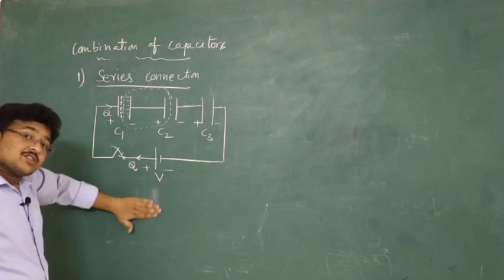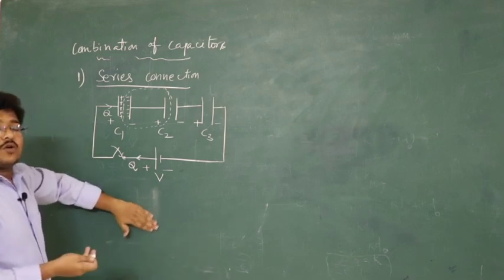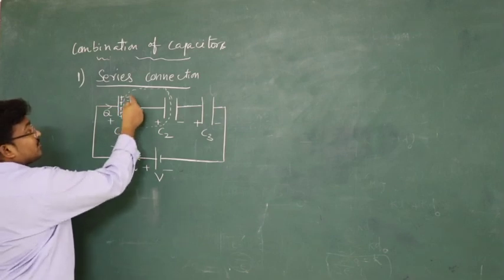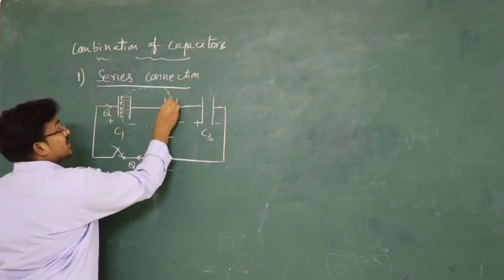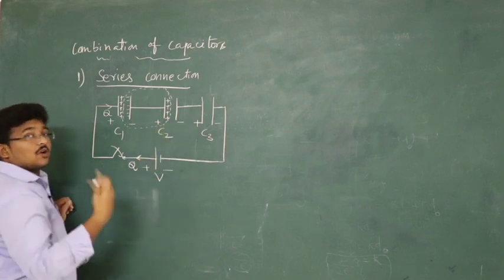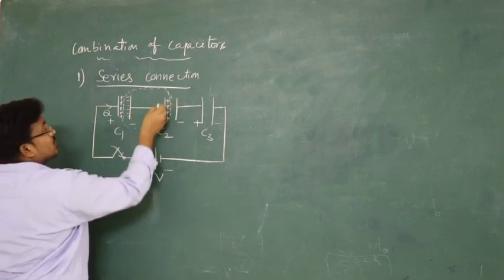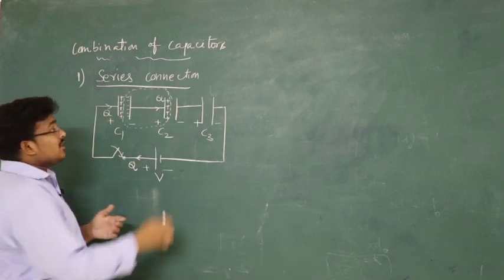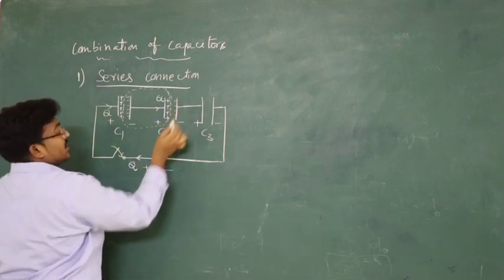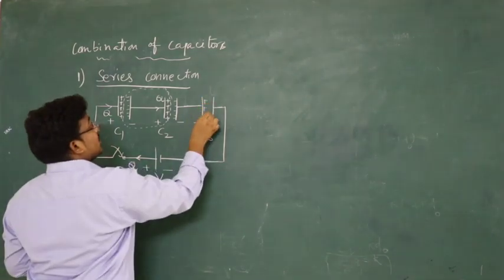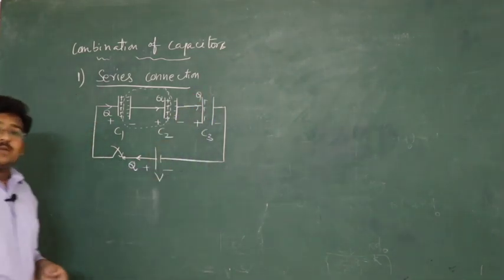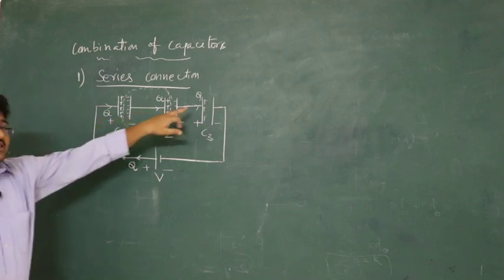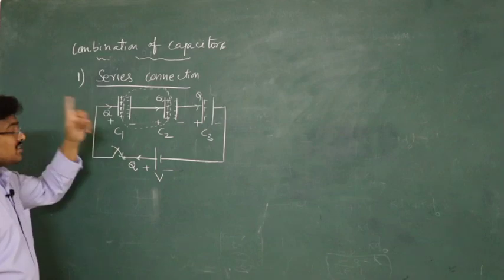So according to conservation of charge, the initial charge is 0, so now also the total charge must be 0. Now it got negative, so this plate must get positive. Sir, how much? This is minus Q, this will be plus Q, this will be plus Q, and meanwhile you know that if it is plus Q, this will be minus and this will be plus Q. So now tell me one thing, due to the flow of Q, on each capacitor, what is the charge?